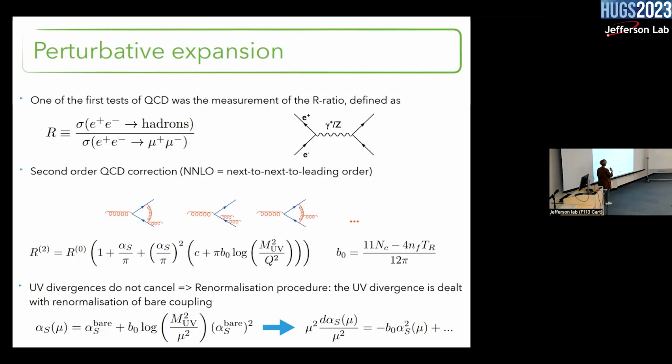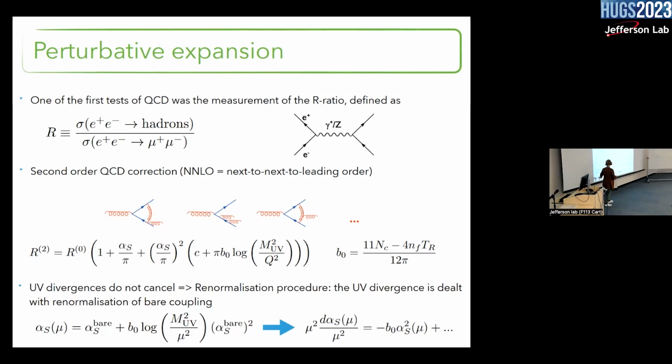And when you do this procedure, you see that the strong coupling constant is no longer something that you measure and is the same at all energies, but it takes a dependence on what we call the renormalization scale mu, okay? That's the process that I'm sure you're familiar with, but I wanted to remind you because the same thing with a different kind of divergences will happen for the parton distribution functions. So UV divergence reabsorbed into the running of the strong coupling constant, okay?